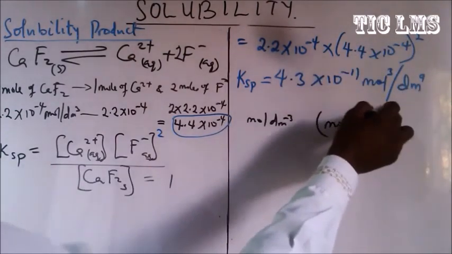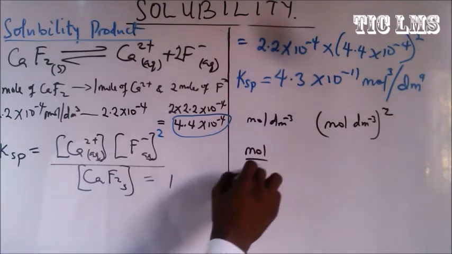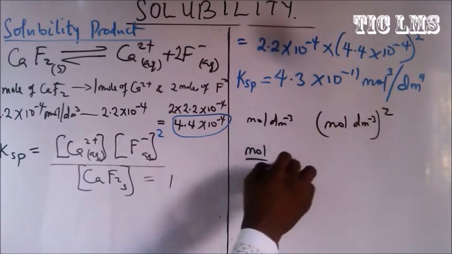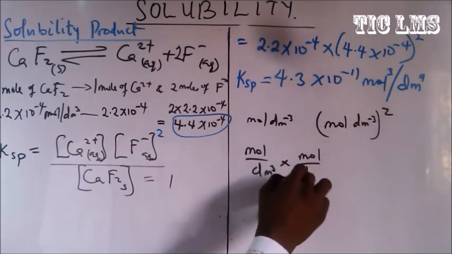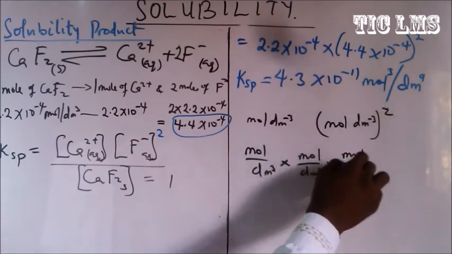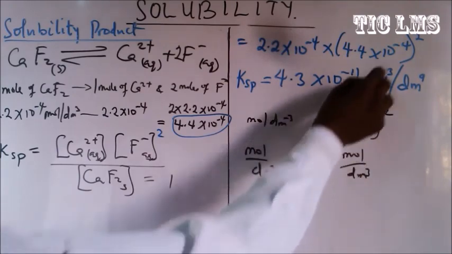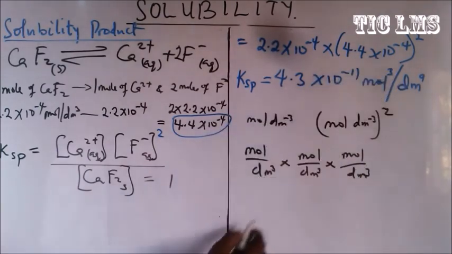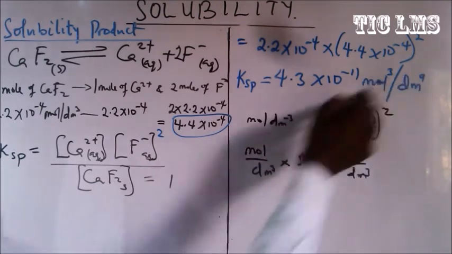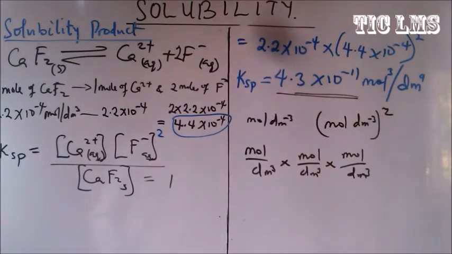So we have mole per dm cubed multiplied by mole per dm cubed raised to power 2. So mole times mole gives 3 moles, then dm cubed, that's 3 plus 3 plus 3, and that gives 9. So that's how we arrive at the final answer.